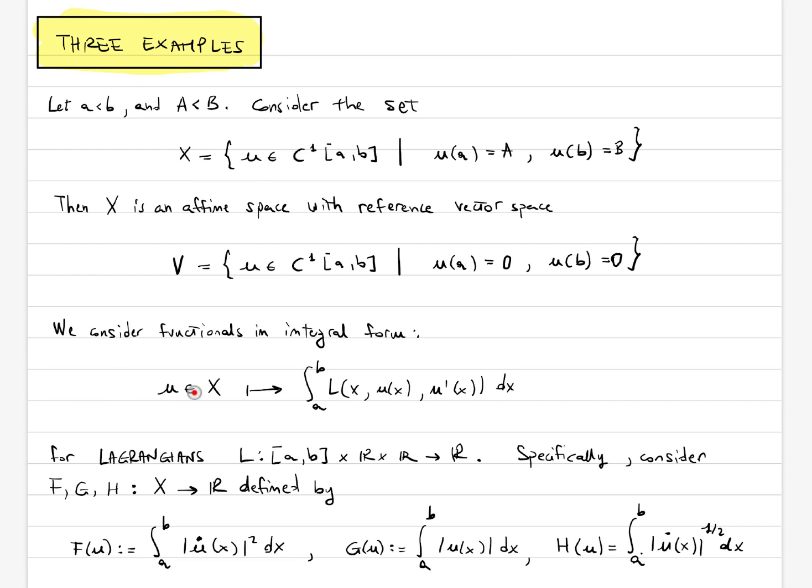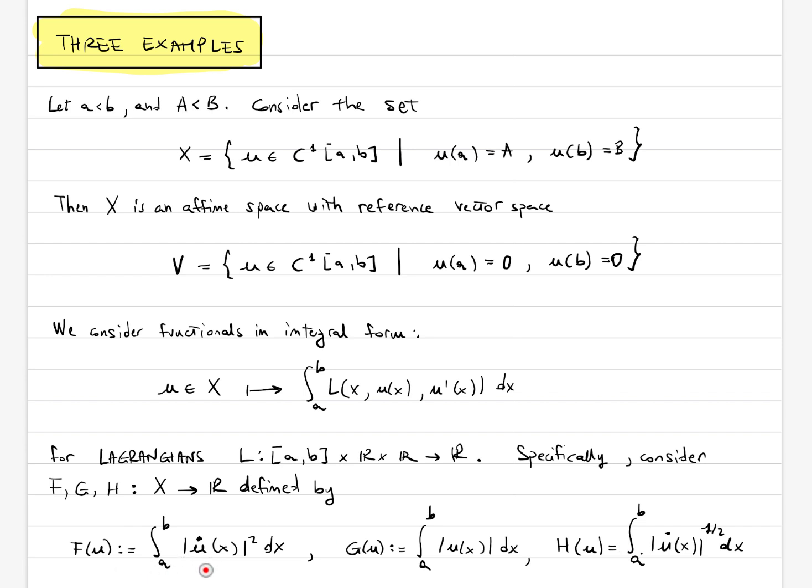Okay, and we consider functionals in integral form, which, as a reminder, you send the point u in X into the integral from a to b of L(x, u'(x)) dx, where L, capital L, is a Lagrangian defined from [a,b] times R into R. And specifically, in this case, we consider F, G, and H defined as follows.